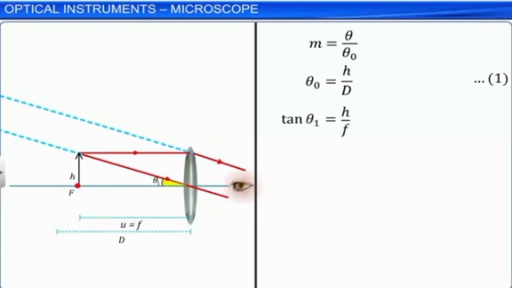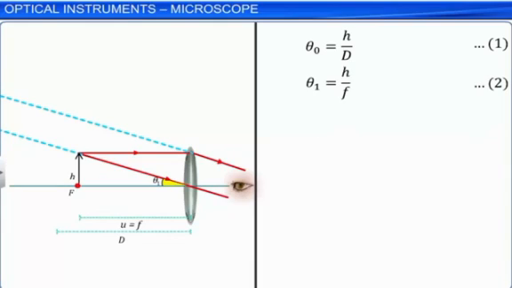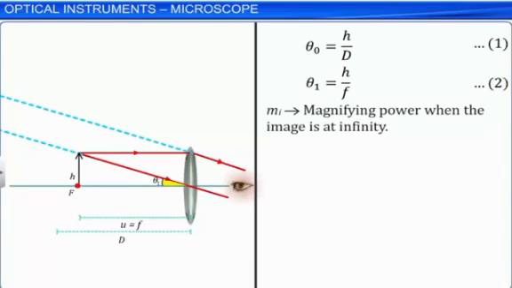If the angular magnification of the simple microscope when the image is formed at infinity is m_i, then m_i is equal to theta 1 by theta naught. On substituting the values of theta naught and theta 1 from equations 1 and 2, and on further simplification, we get the angular magnification, or the magnifying power of the simple microscope, as m_i is equal to D by f. Let this be equation 3.